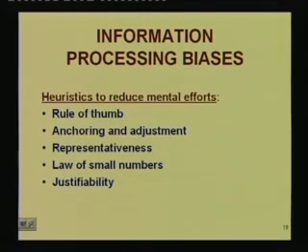Now, whenever there are information processing biases, there are always certain heuristics that people tend to follow to reduce mental effort. Some of them are rule of thumb, anchoring and adjustment, representativeness, law of small numbers, and justifiability.